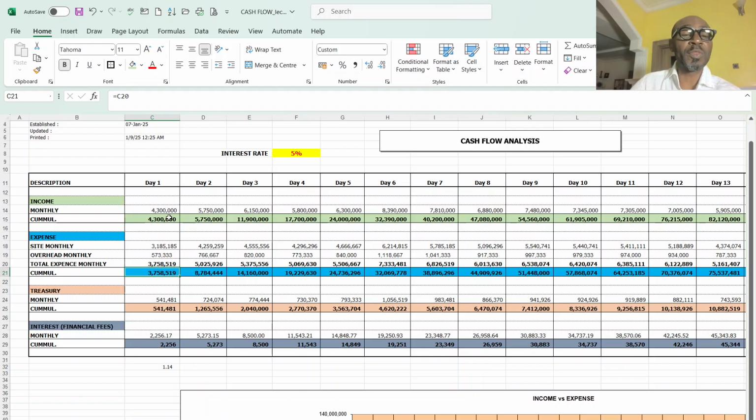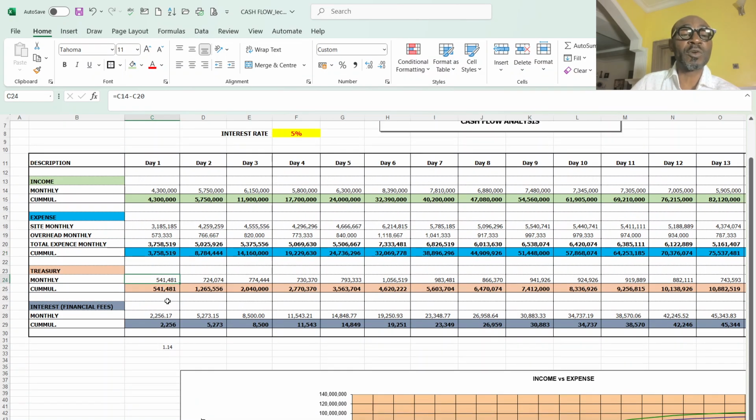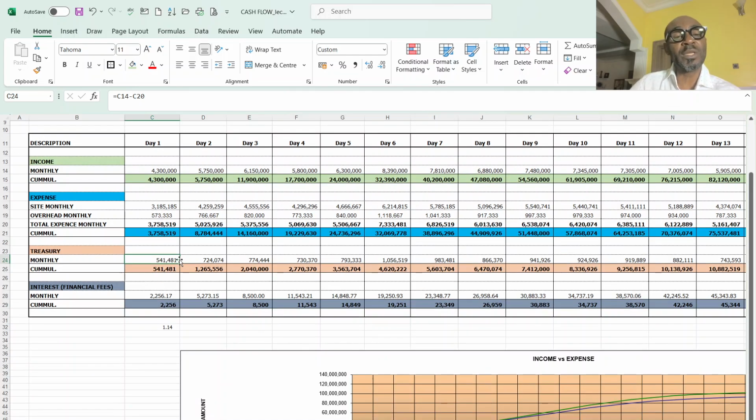And if you deduct 3.7 from 4.3, you are going to have 41,000 in your offer.